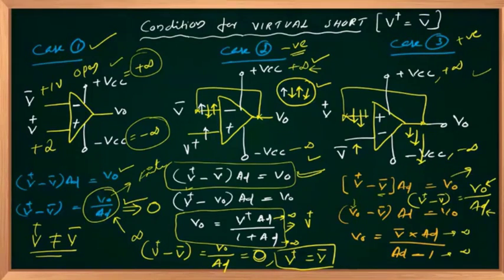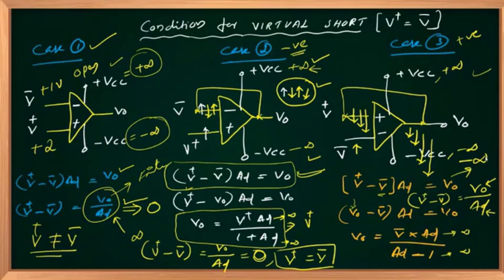That decrease is again coupled to the positive input, and I will have a further decrease. So after some time, after the initial transients, my output will reach minus infinity if I am applying minus infinity in place of minus VCC. Or I will say that after some time the output is saturated to minus VCC.